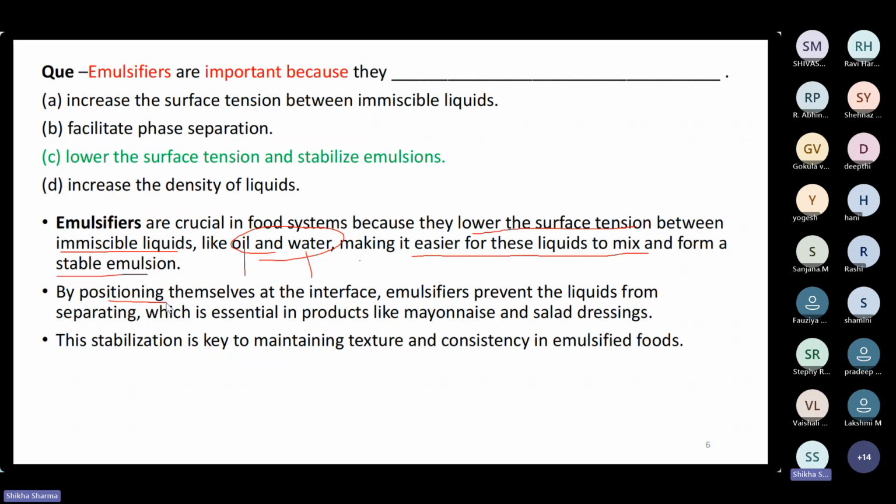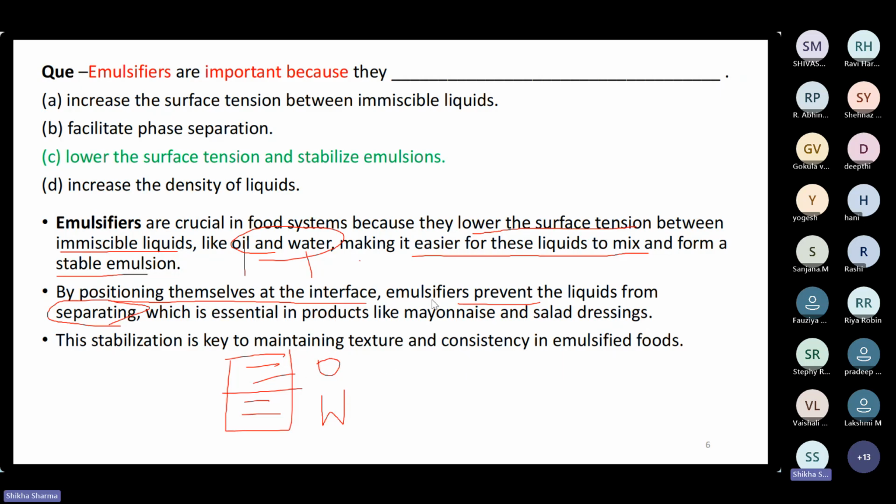By positioning themselves at the interface, emulsifiers prevent the liquids from separating. Otherwise, if there is no emulsifier, what will happen? The water will be at the bottom and oil will be separately at the top. If we try to mix oil and water, they will completely separate, and because oil's density is low, it will be up and water will be low.